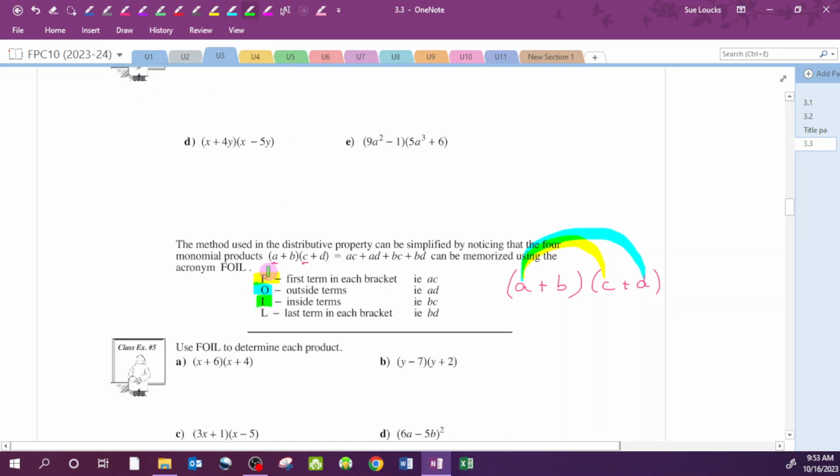And then we have the inside, so the inside times the inside, and then the last times the last, like that.